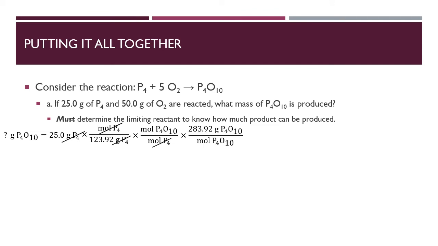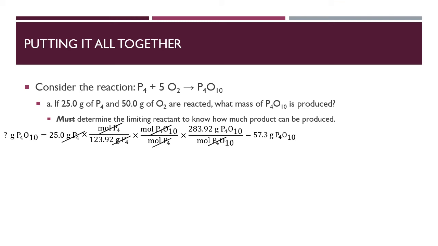Now I can go from moles to grams of my P4O10, and that will give me 57.3 grams of the P4O10. Now again, what this tells me is if all of this reacts, I don't know if it will yet, but if it does all react, all 25 grams of P4, I will get 57.3 grams of my product, P4O10.